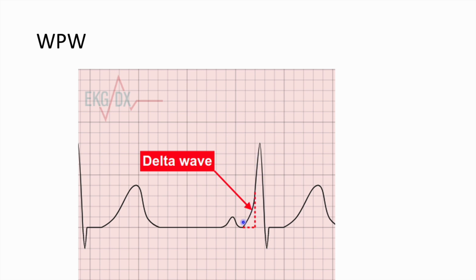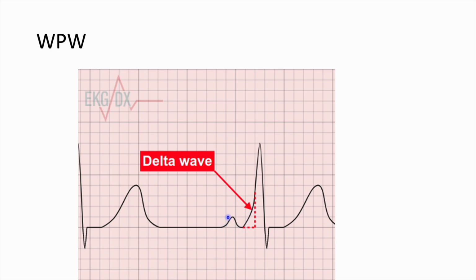But if you have this delta wave, that's the extra electrical pathway firing on its own before the actual normal pathway spikes. What you want to look for is this delta wave, and then a basically non-existent or very short PR interval, because the normal PR interval is eliminated by this delta wave overlapping it.